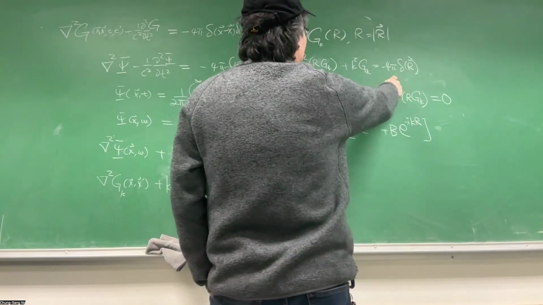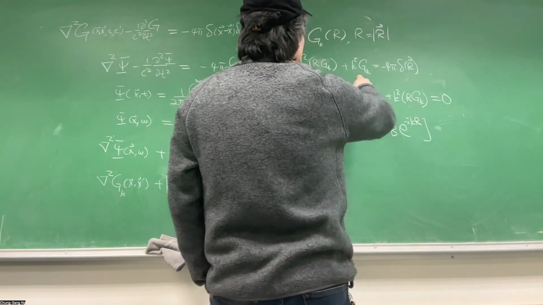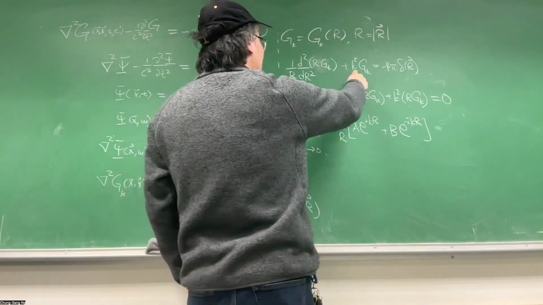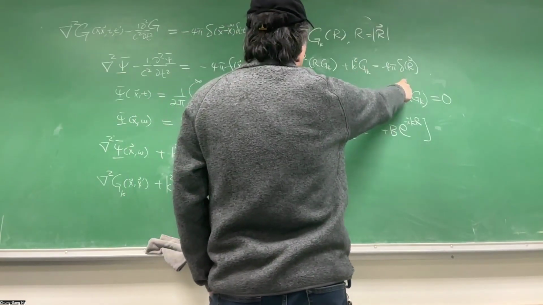In that case, when you compare the other terms, the term in the Helmholtz equation with the k squared, you can ignore this term compared with the delta function.